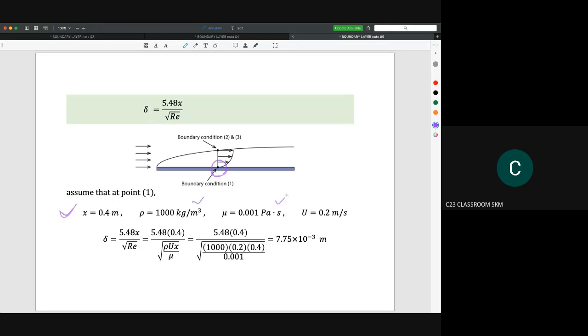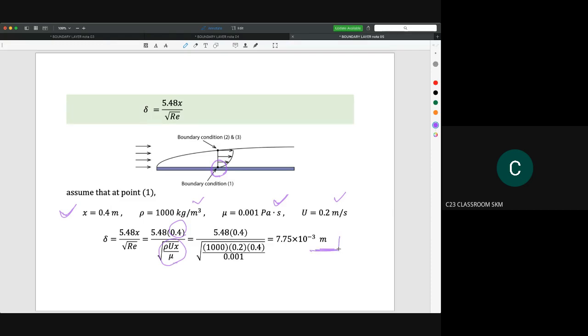This is the kinematic viscosity for water, and let's say the water flows at 0.2 meter per second. So we could calculate delta by substituting the value of x here and the value of the Reynolds number here, and we find that delta is equal to 7.75 times 10 to the power of minus 3 meter.